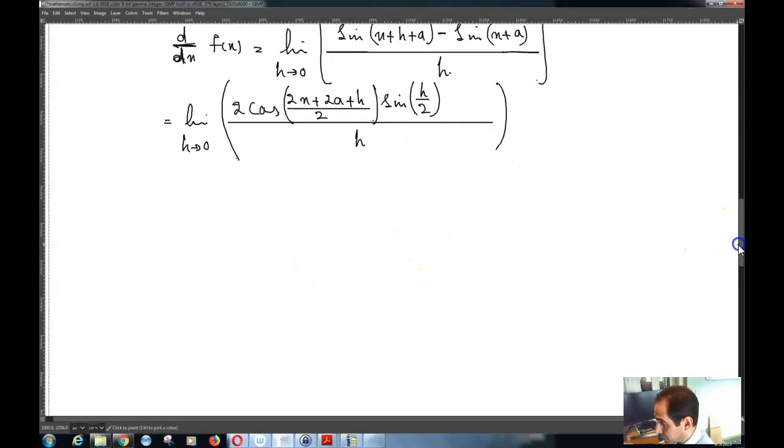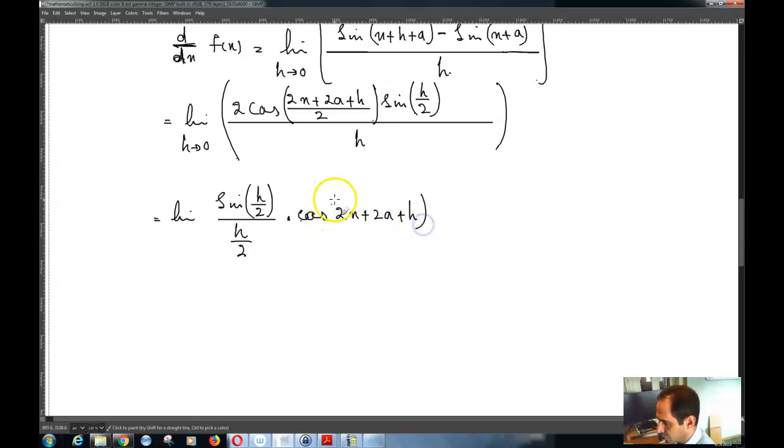Now I can rewrite this as the limit of sine of h divided by 2 over h divided by 2, because this 2 can come to the denominator, multiplied by the cos of 2x plus 2a plus h divided by 2, as h tends to 0.